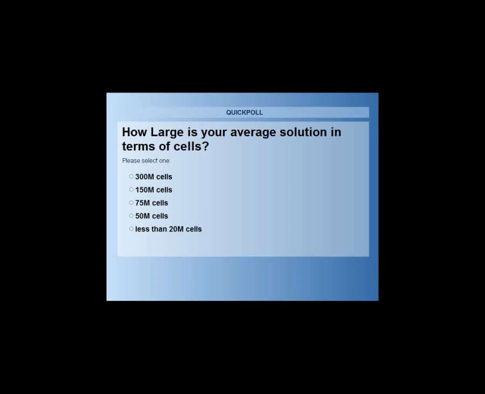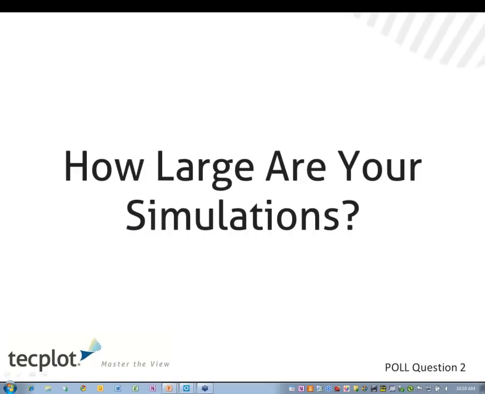We've got 1 or 2 people who are in the 300 million cell models, but it looks like 75 to 150 million, about 57% of the folks who have voted. We're waiting until we get to about 75 votes, and then we'll show you the result. If you haven't voted, now's your opportunity. We're going to close the poll now.